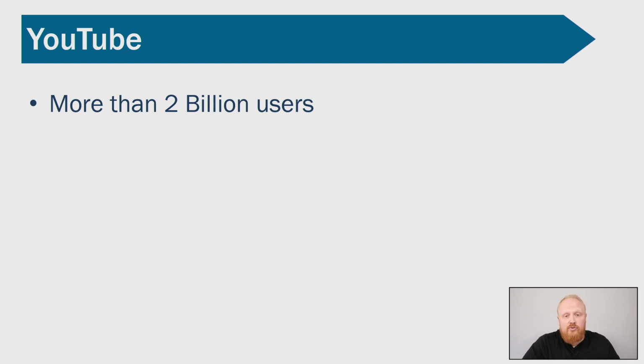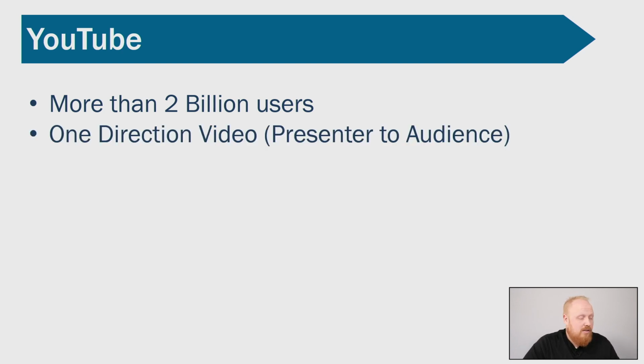Okay, so back to YouTube. 2 billion users. YouTube is by default just a one-directional service. This is from the originator to those viewers. But it does have a comment section similar to Facebook, so you can still have that delayed interaction through the comment section.